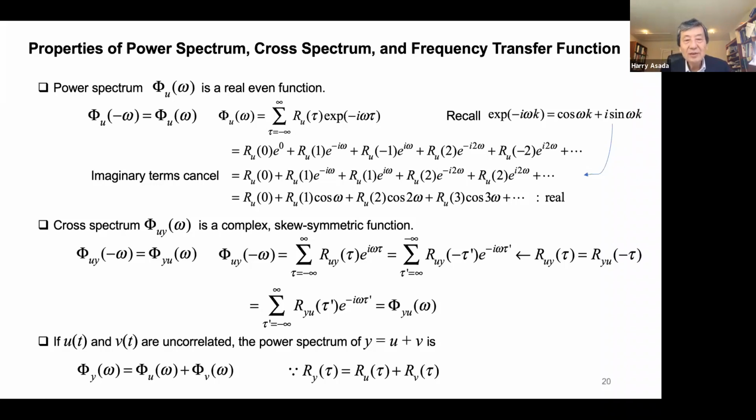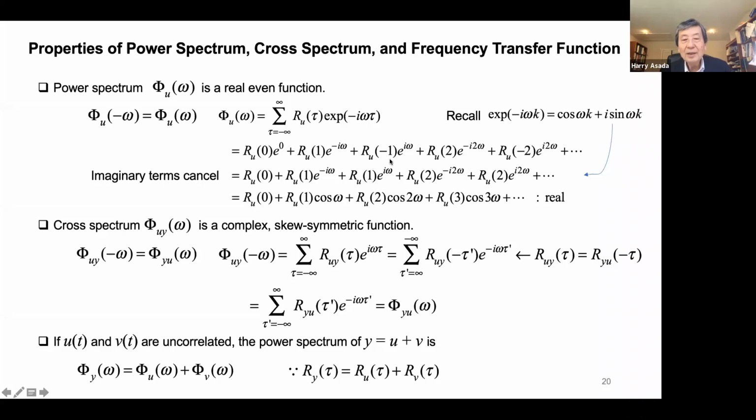Let's look at that. Expanding this, starting with tau equals 0, R_u(0) and the exponential of zero. And then tau equals 1, and tau equals minus 1. Let's put them together. And tau equals 2, and tau equals minus 2.